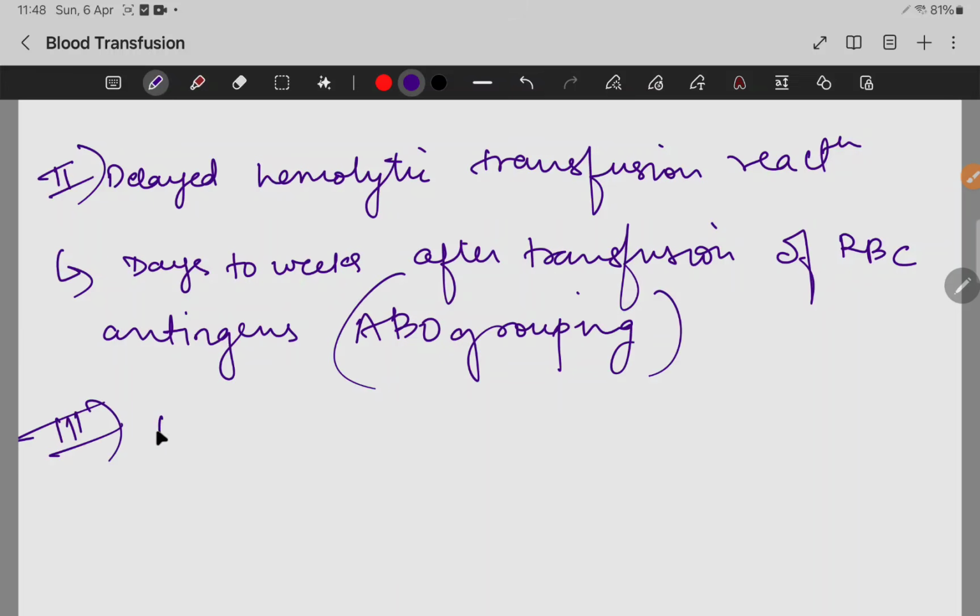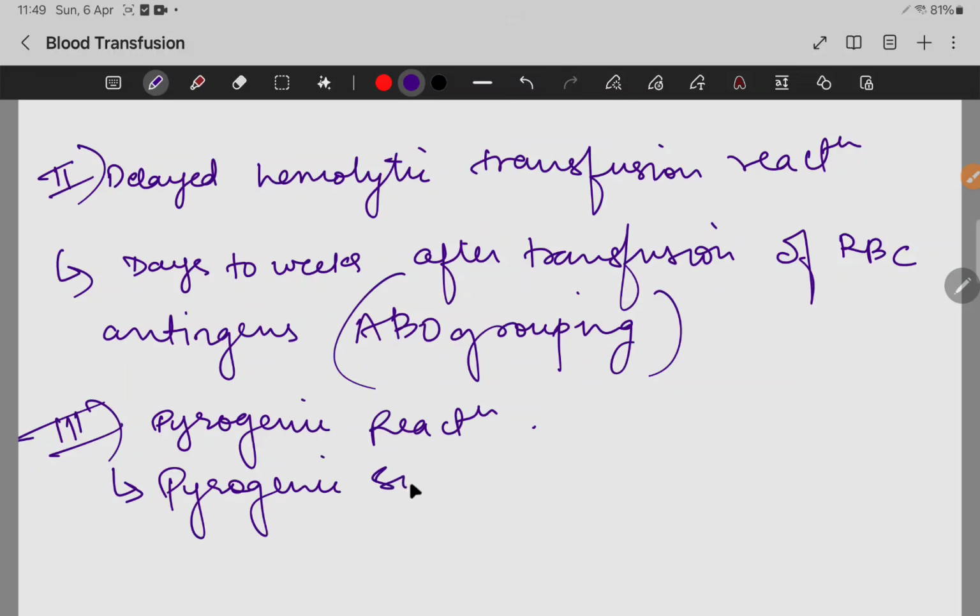Next is the pyrogenic reaction. What happens in pyrogenic reaction is, it is due to the presence of pyrogenic substances in the transfusion tubing, and therefore you have to use aseptic techniques in the procedure, and in case of improper refrigeration or any improper administration of the blood, it can happen.